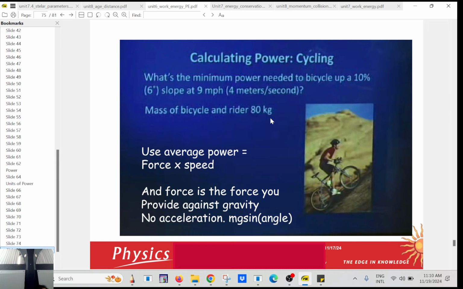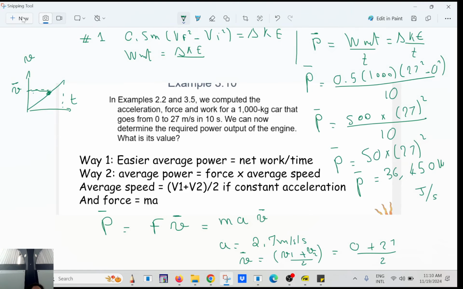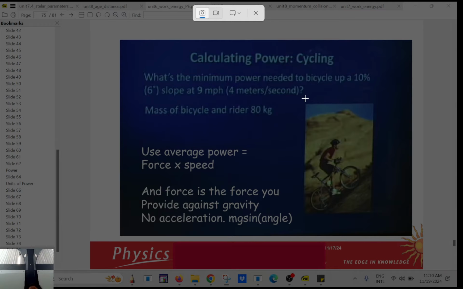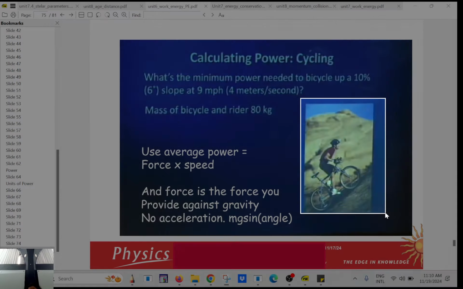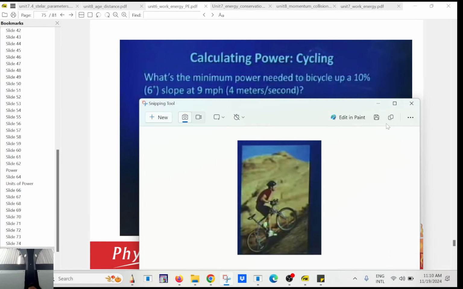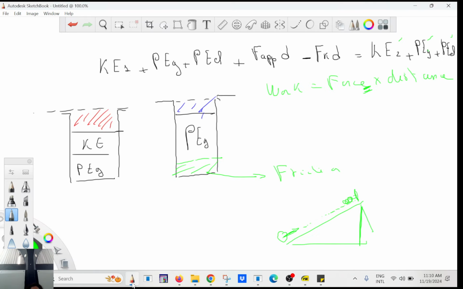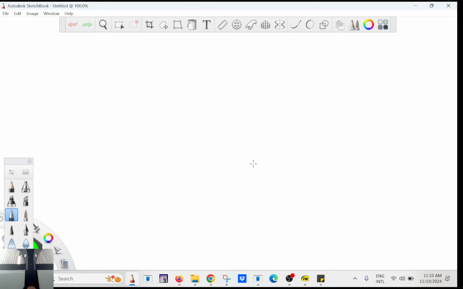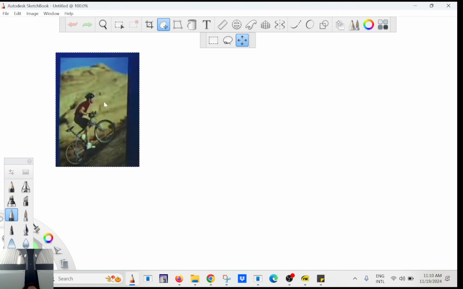So you have different ways to do it. Don't wait for me, okay? So you have a slope, and it says 10%. So what does it mean, 10%?